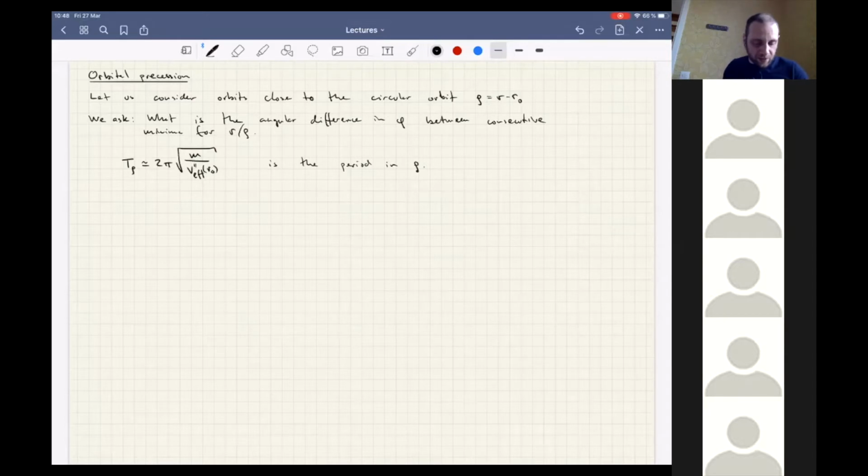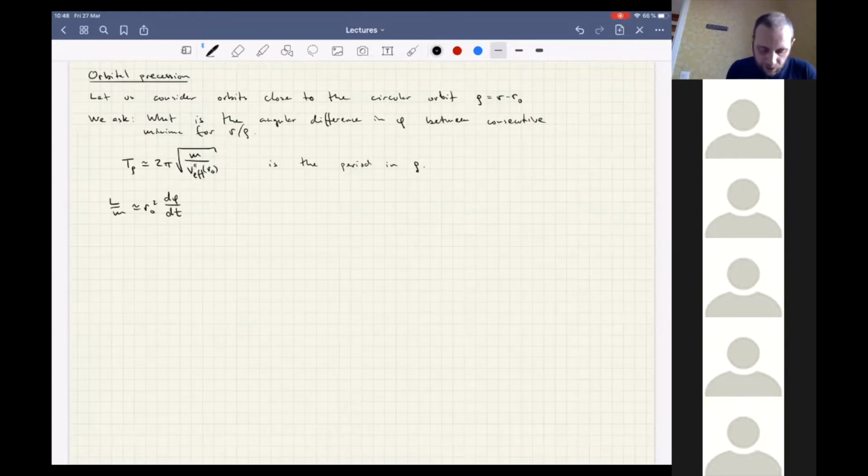So what remains is to see how that period compares to the period in the angle phi. We can look at the angular momentum again. So L over m is approximately equal, again if we are close to a circular orbit, to R0 squared times phi dot. And that's just by definition of the angular momentum.